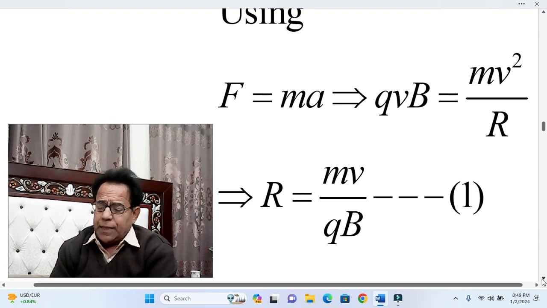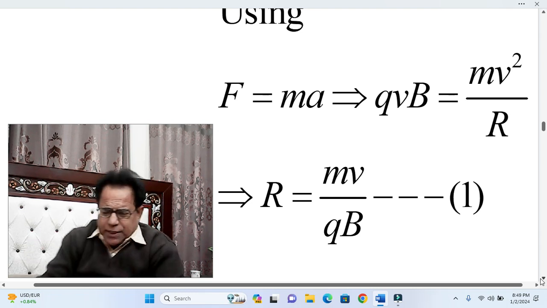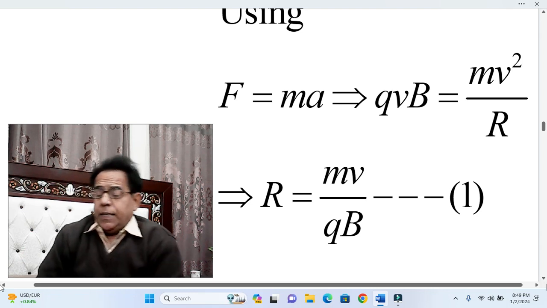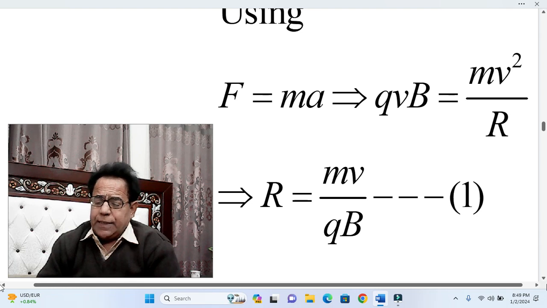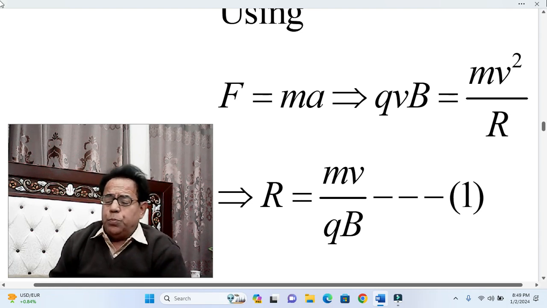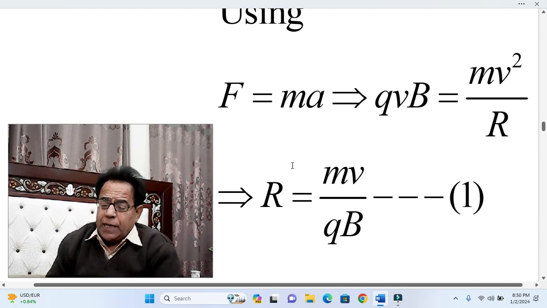We give equation number one to this expression. Equation number one becomes capital R equal to mv over qB. This is the main equation which will help us. We will just put the values in this equation and we will get our results one by one.